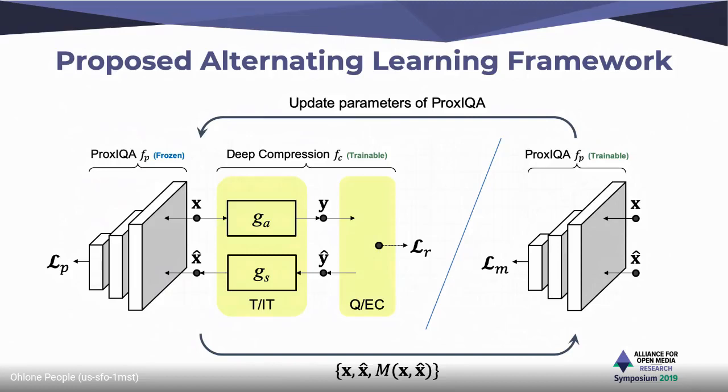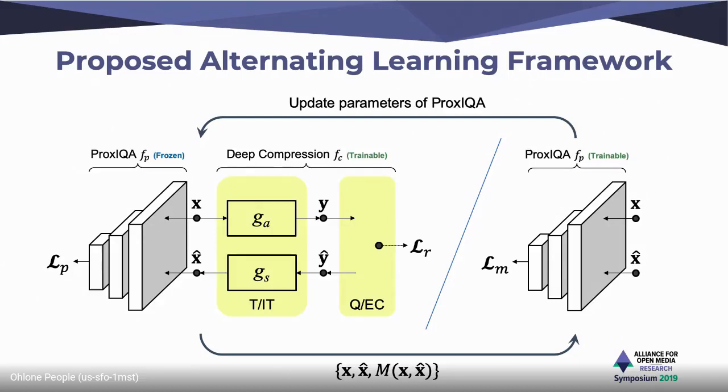To optimize the deep compression network, its parameters need to be trainable. But for the ProxIQA network, I need to fix its parameters. And after I update the left-hand side, I can get X and X hat, which are the pristine patch and reconstructed patch.